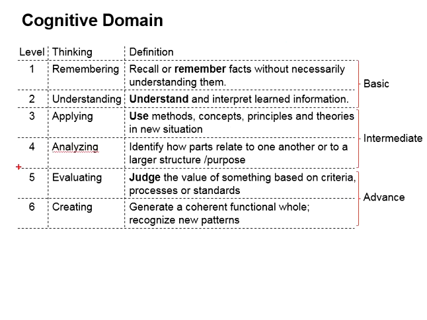Higher up in level 5, there will be evaluating. Now students are required to judge the value of something based on criteria, processes or standards. Now, if you see the differences between analyzing and evaluating, analyzing is more towards diagnosing something.